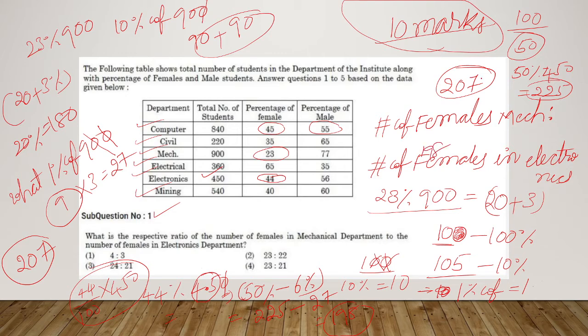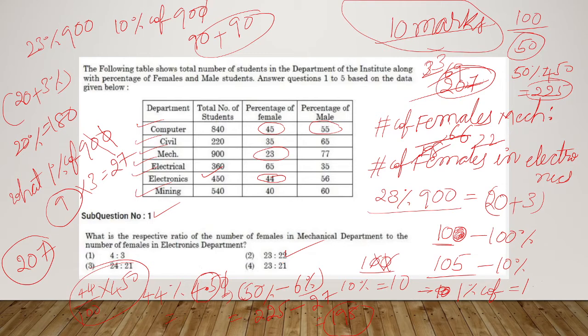Okay, how can we calculate this? 3 6s are 18, 2 is the remainder here. 3 9s are 27, 3 6s are 18, again here 3 2s are 6, 3 3s are 9, and 3 2s are 6. That gives 23 is to 22. This is the right answer.